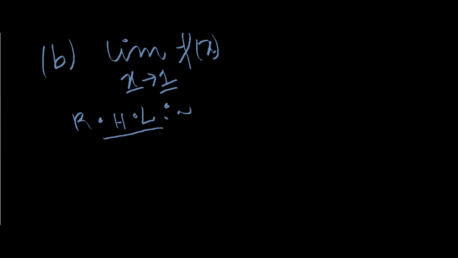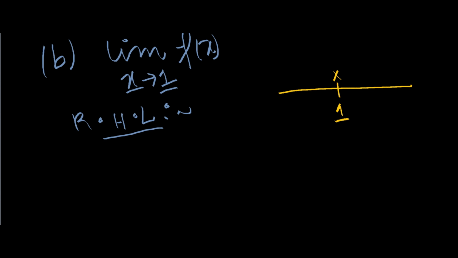from the right side, let me draw a real number line so you will understand it better. This is 1, and as we've already discussed about limits, x is not exactly 1, it is very close to 1. But from which side, the right side or the left side?